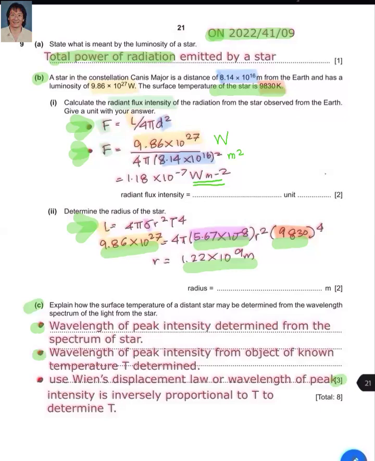Your second mark is the wavelength of peak intensity from an object of known temperature determined. Then use Wien's displacement law, where the wavelength of peak intensity is inversely proportional to T, to determine your temperature in Kelvin.